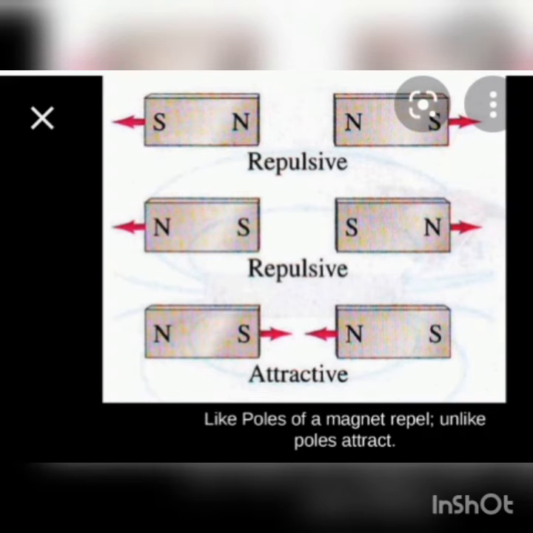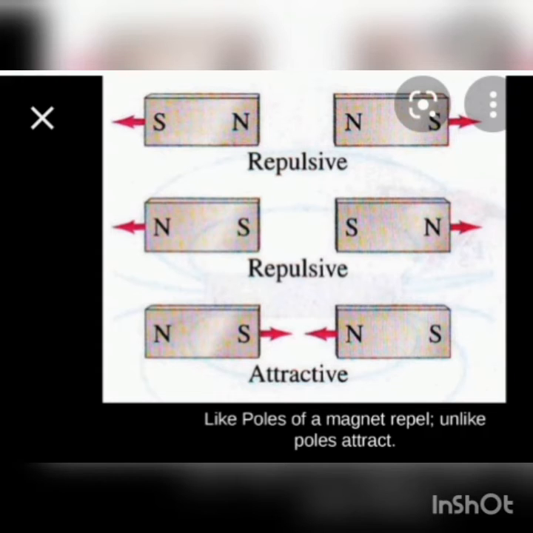Now comes attraction and repulsion. When two magnets are brought close to each other, they are either pulled towards each other or pushed away from each other. When the magnets are pulled towards each other, they are said to attract each other. When they are pushed away from each other, they are said to repel each other.